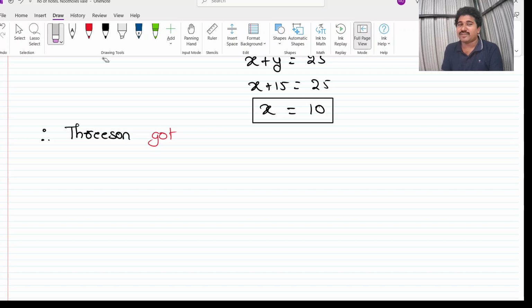Better, and an easy way for them to understand also. Very good. Number of 50 rupee notes.